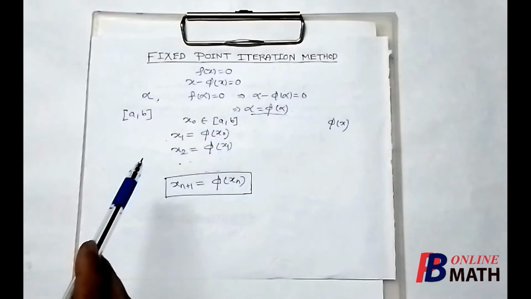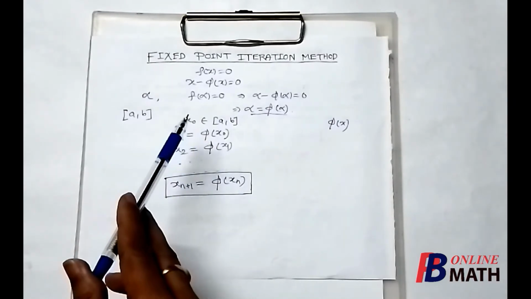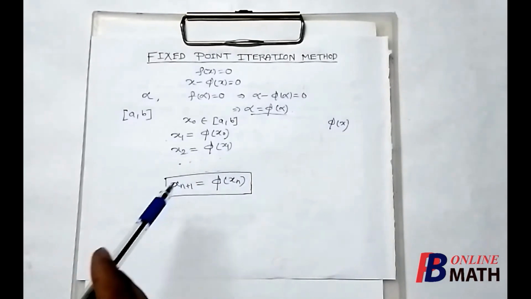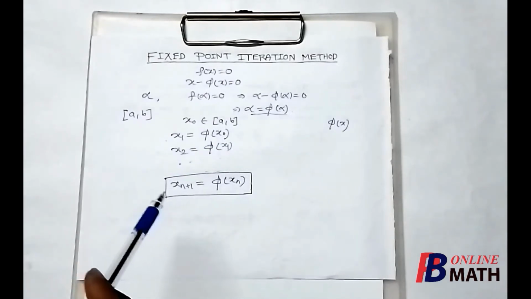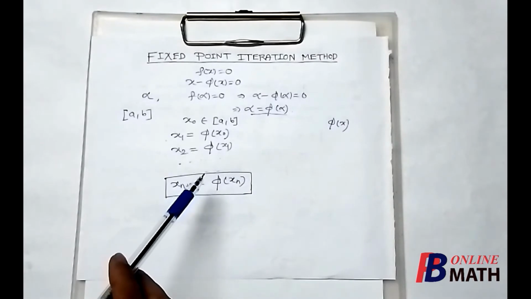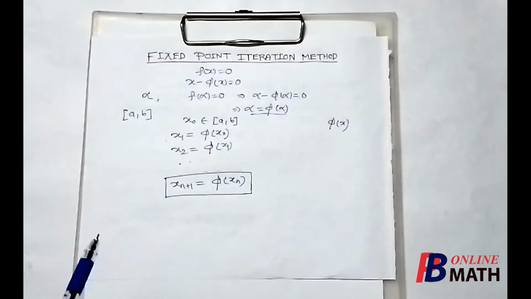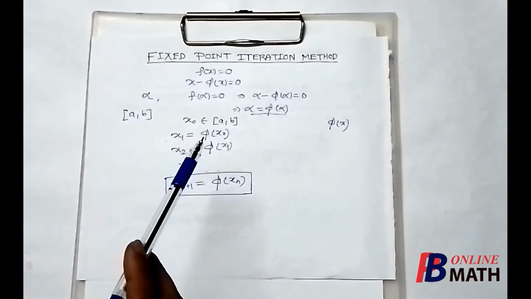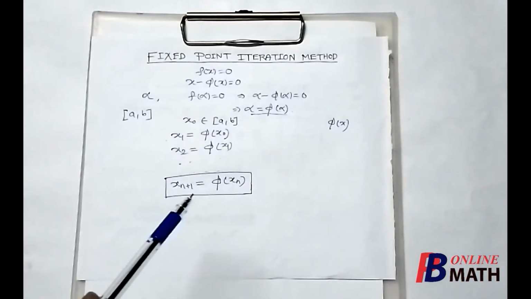Therefore for a single problem we can get different expressions for this function phi(x), and so this method may or may not converge at all. This convergence depends on the function phi(x). So next we shall learn how to express this function phi(x) such that this method converges.